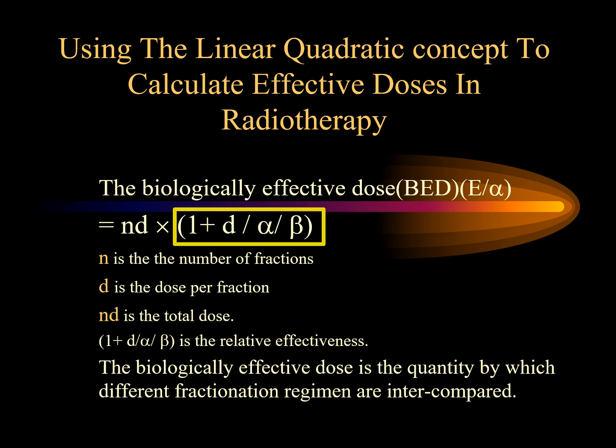So we need something to give us an idea about what kind of dose, taking into consideration which tissue we are giving this dose to. This effective dose, the biological effective dose, or the BED, is an expression of the dose in terms of tissue and effect.